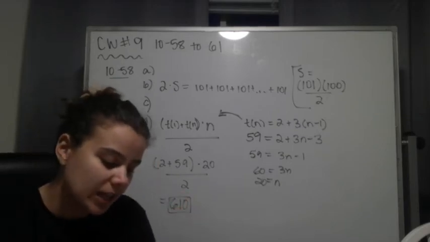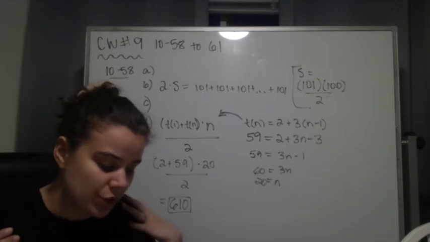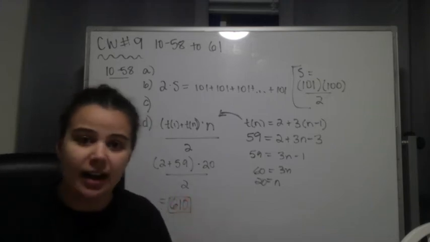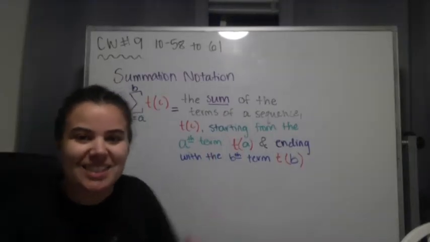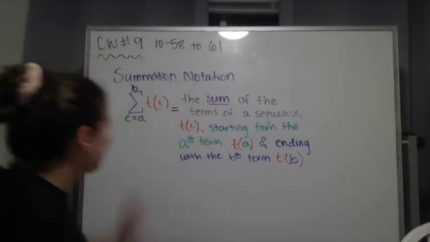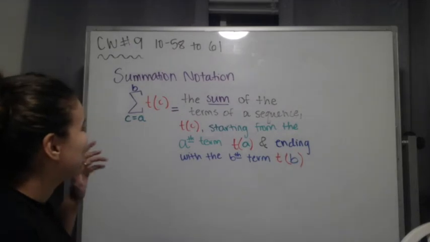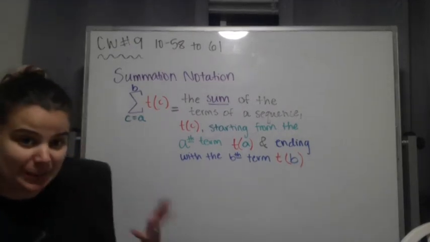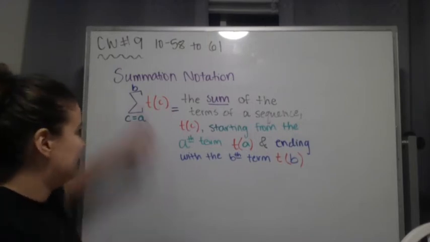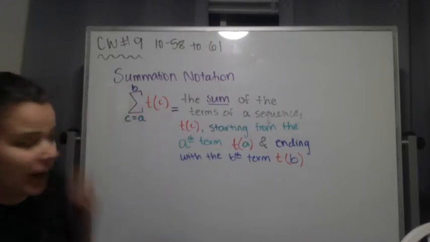For 59, we're introduced to this new notation. Give me a moment, I'm going to write it up. I'm back. So we're introduced to this thing called summation notation, otherwise known as sigma notation. This is sigma right here. You may recognize it.